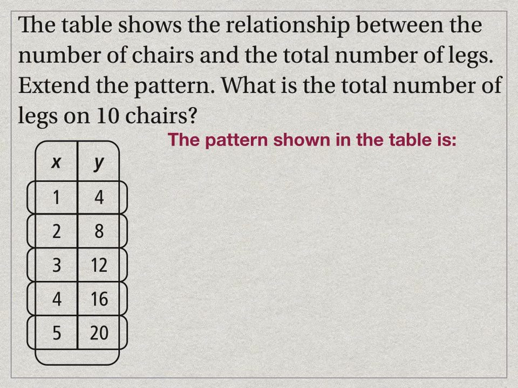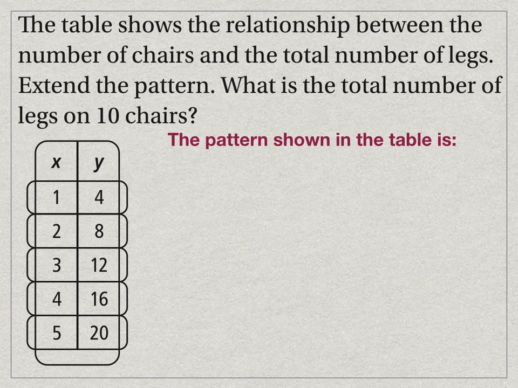Meaning, what can you do to 1 to get 4? And what can you do the same to 2 to get 8, and then when you have 3 to get 12, when you have 4 to get 16, and when you have 5 to get 20. This is a pretty basic pattern, right?